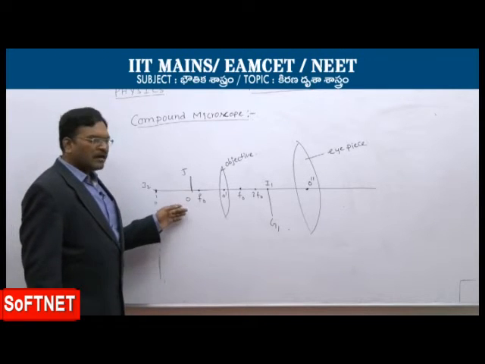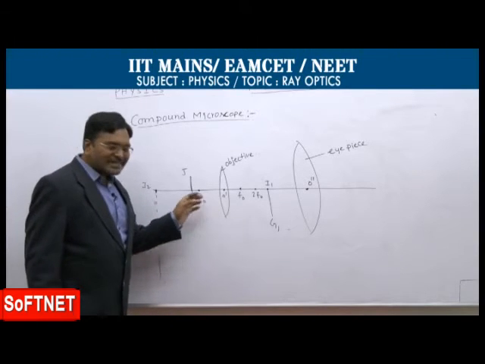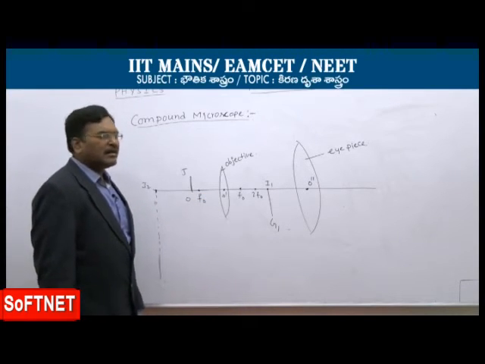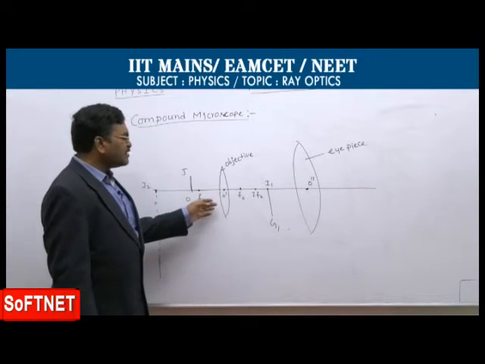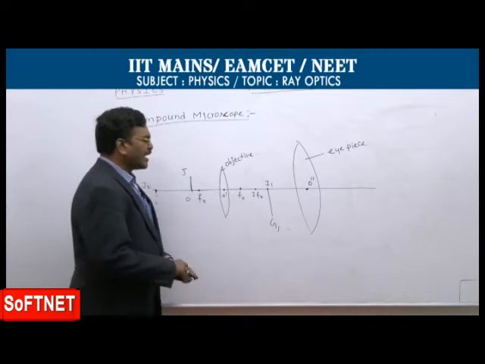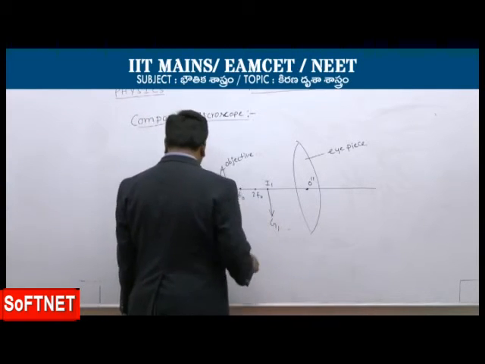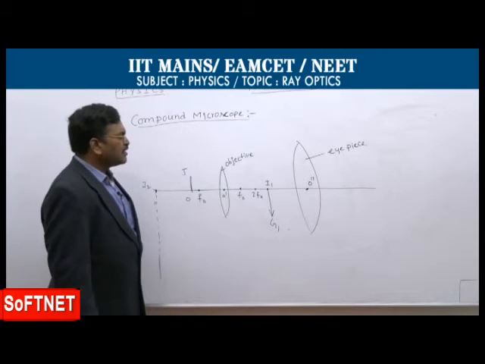The object is placed just behind the principal focus of the objective. What is the objective? The lens towards the object is called the objective. This objective forms a real, inverted and magnified image I1G1 just behind 2f0.